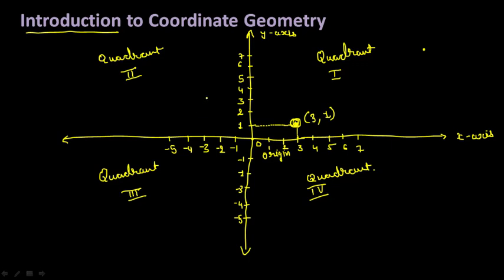Suppose they had given you a point somewhere here. Now you need to see minus 3 on the x-axis and plus 3 on the y-axis. Every time you need to write the x-axis term first. So minus 3, 3. This is in quadrant 1, this is in quadrant 2. Suppose one point is given here.